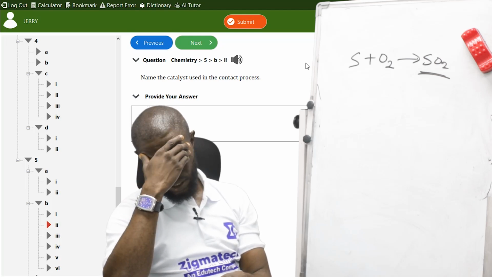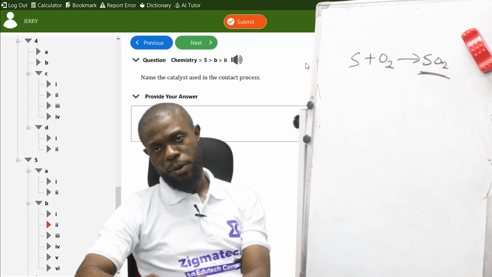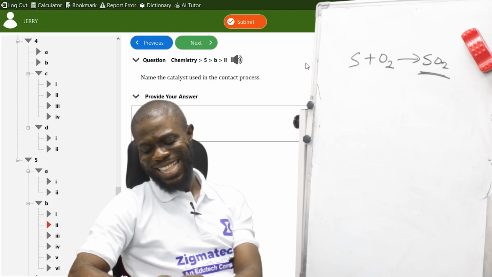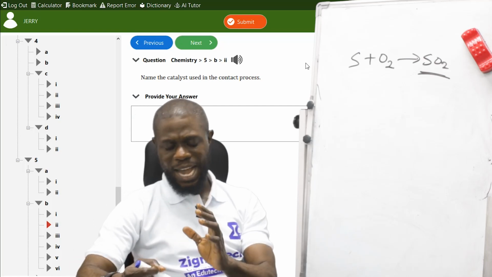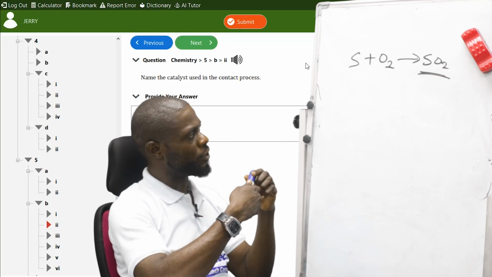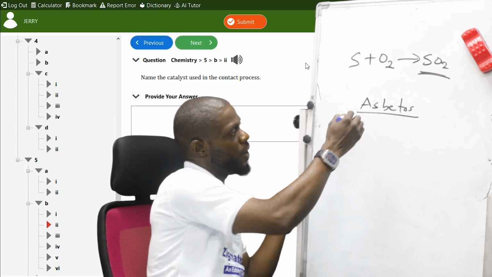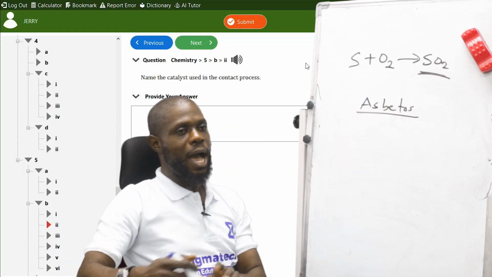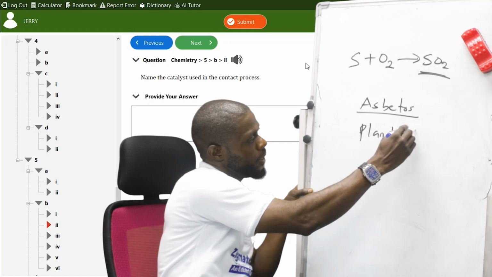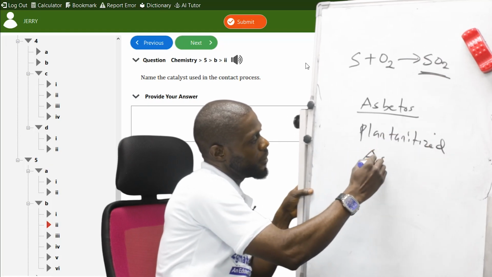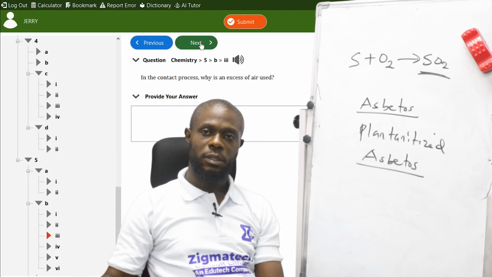The catalysts used in the contact process are vanadium oxide and platinized asbestos. These are the catalysts used in the contact process.